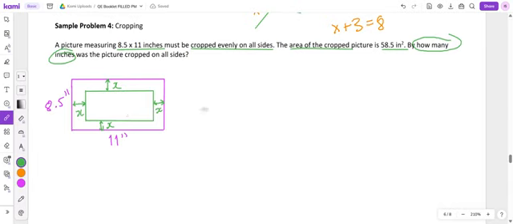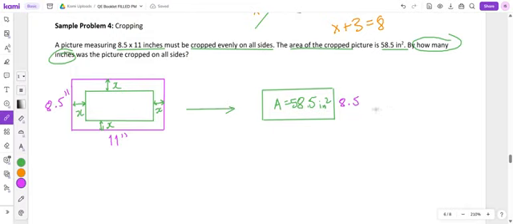So now I'm going to redraw this smaller rectangle in its actual size so we can label the sides. So I know that the new area is 58.5 inches squared. Now, the height used to be 8.5. The length used to be 11.